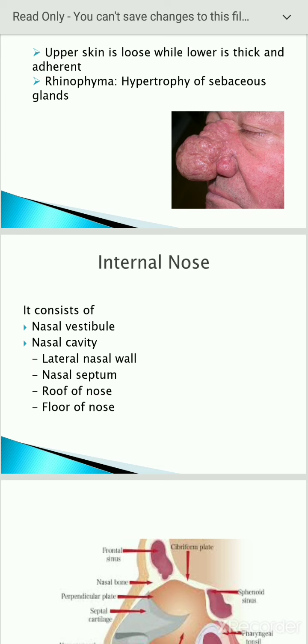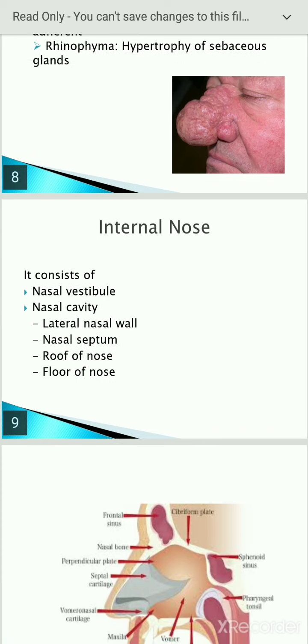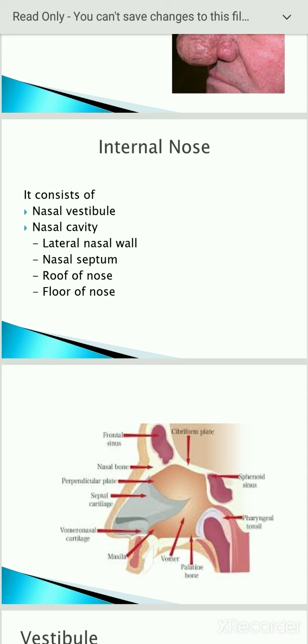Nasal cavity has 4 walls. Laterally, lateral nasal wall. Medially, there is nasal septum. Above, there is roof of the nose, and inferiorly, floor of the nose.